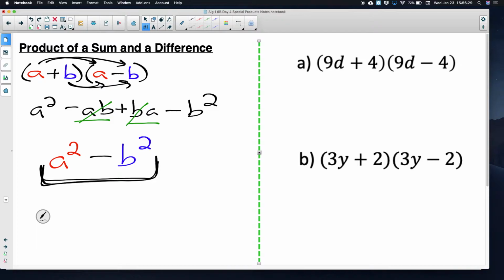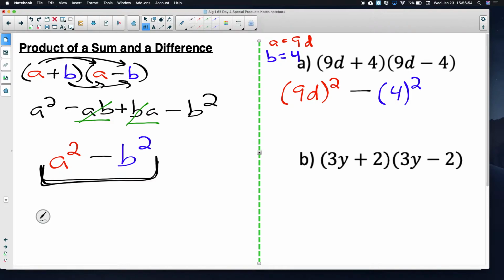So if I were to look at some examples here, I've got A being played by 9D, and I have B being played by 4. So if I were to follow this pattern, I'm going to take 9D squared minus 4 squared.